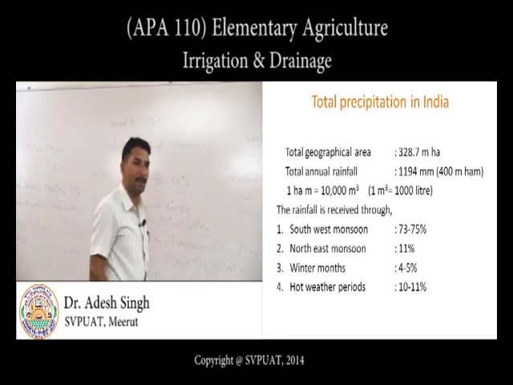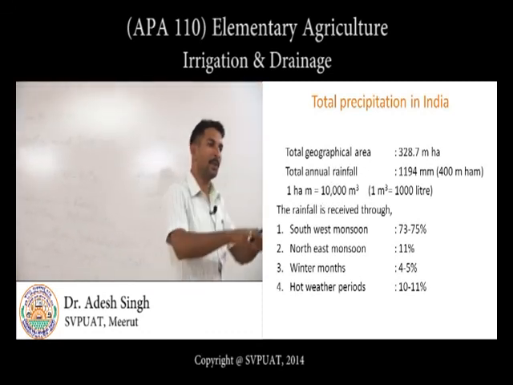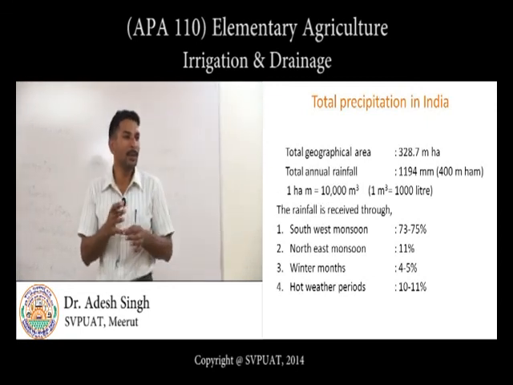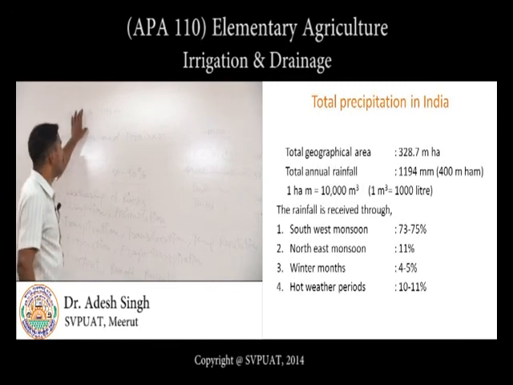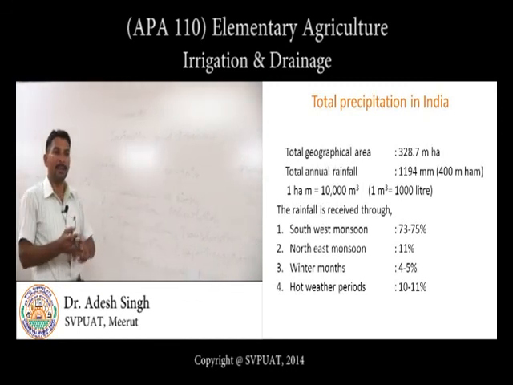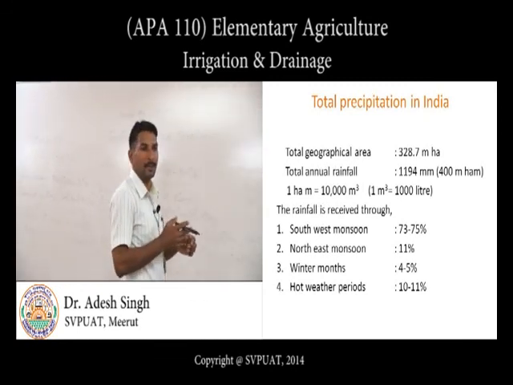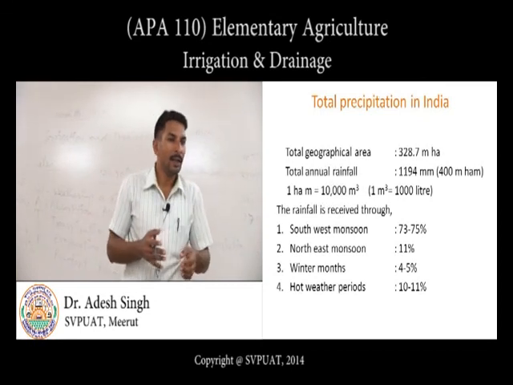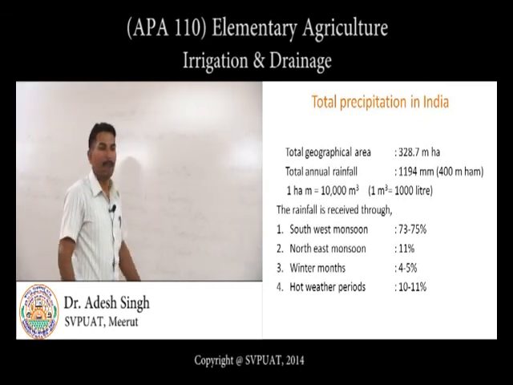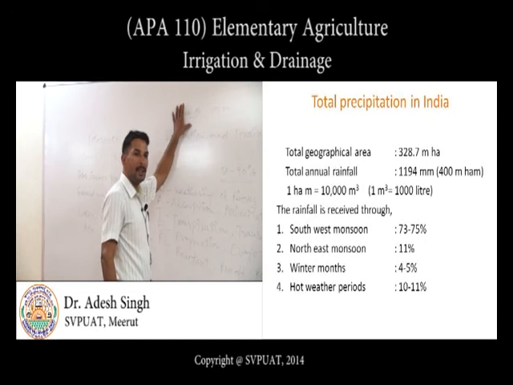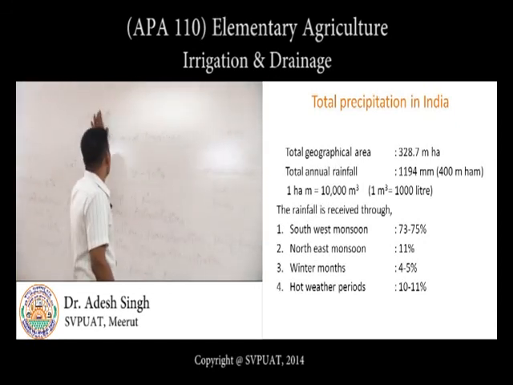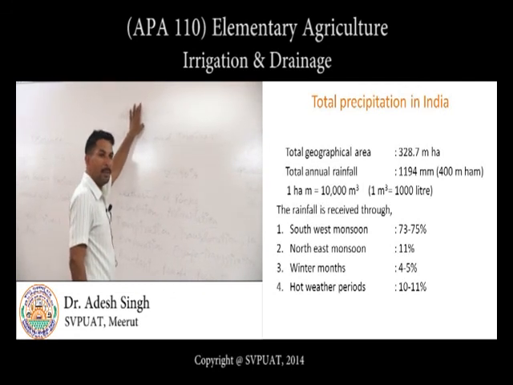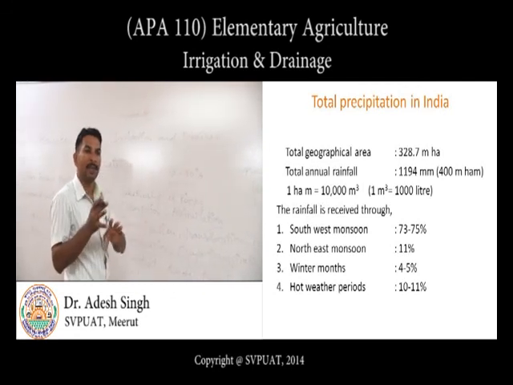Precipitation means all the forms of water which can be received over the earth's surface, and rainfall is the most important component of the total precipitation. Other components are, for example, ice, fog, hail, dew, etc. Clear? But in a country like India, where tropical and subtropical belts are more, the precipitation part is covered by the rainfall.